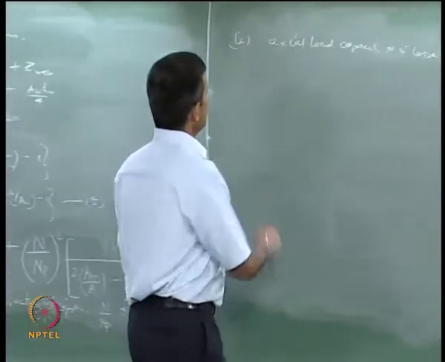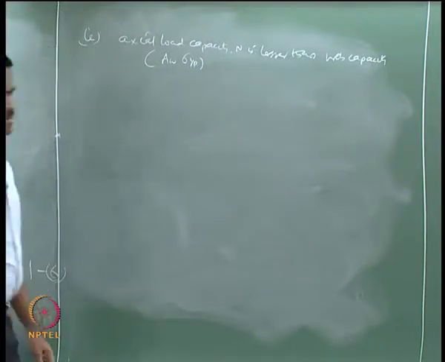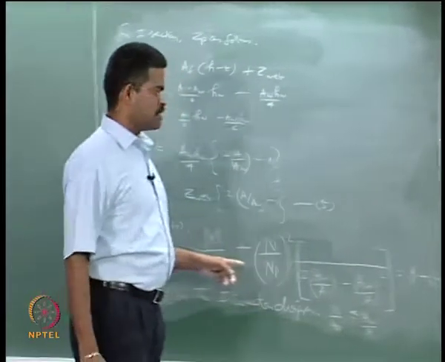Web capacity is nothing but AW into sigma. If it is true, this becomes the interaction diagram.